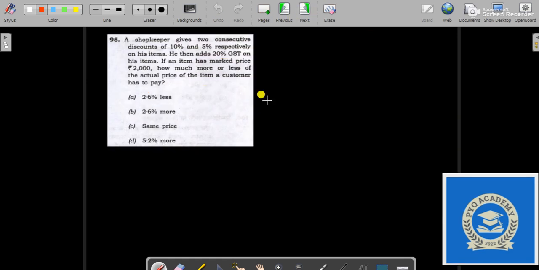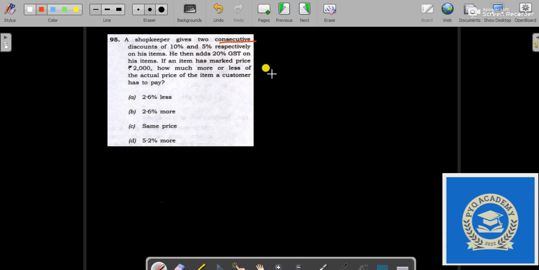Our next question is: a shopkeeper gives two consecutive discounts of 10% and 5% respectively on his item. He then adds 20% GST on his items. If an item has a marked price of rupees 2000, how much more or less than the actual price does a customer have to pay? First you need to know the definition: what do you mean by consecutive discounts?